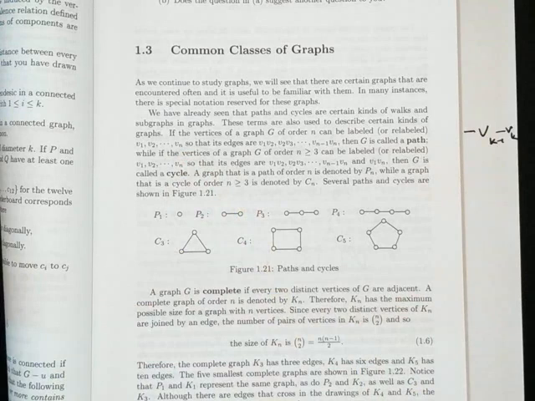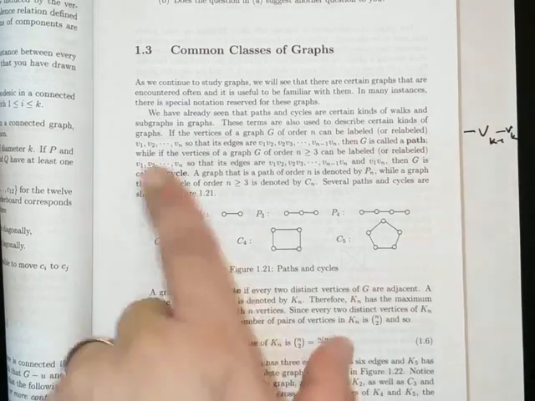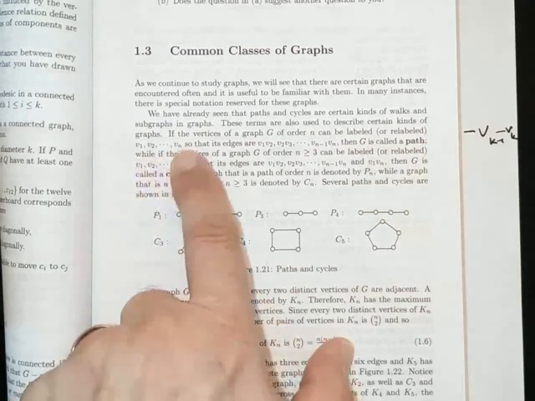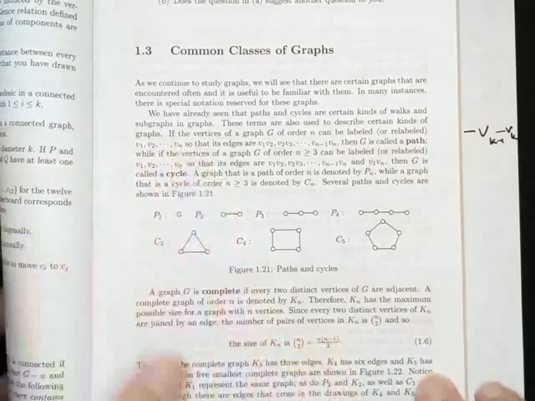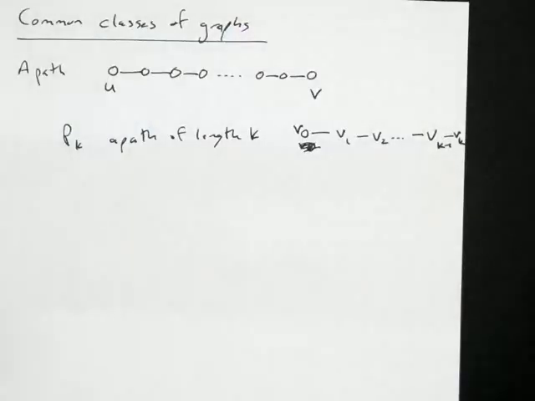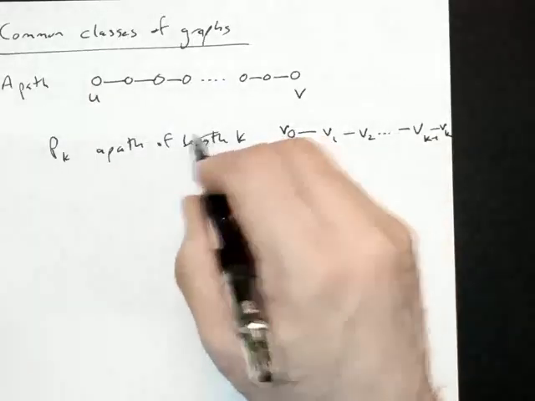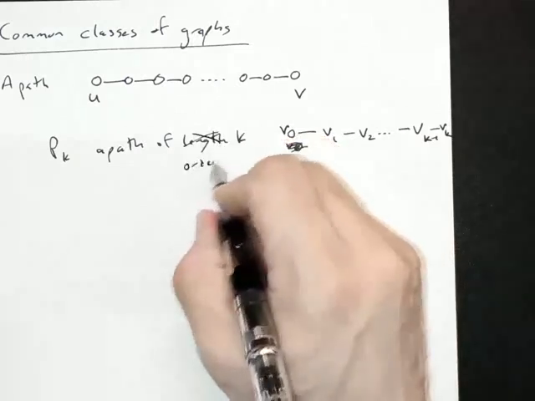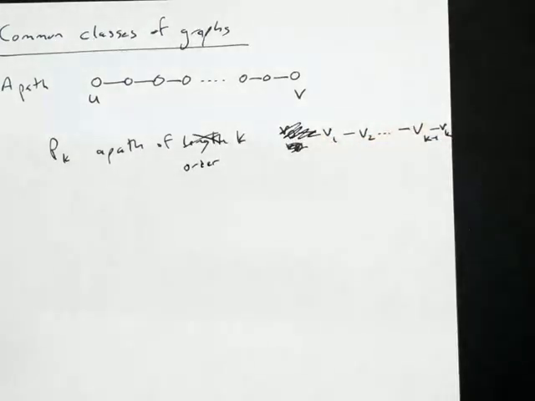I wrote a path of length k as Pk. They write a path of order k, which means I have one too many vertices. And we see it right here. They label the vertices vertex 1 through vertex n, not vertex 0 through vertex n. So I want to chop this one off. Instead of writing length k, I want to write order k.